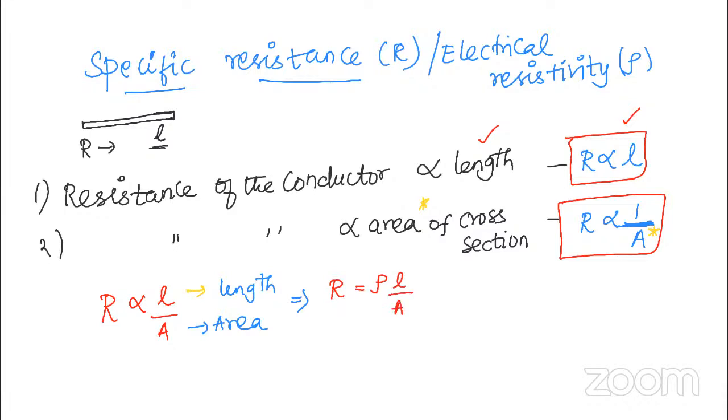So in removing the proportionality we are adding one constant. That constant is rho. Rho is nothing but a constant, or resistivity.